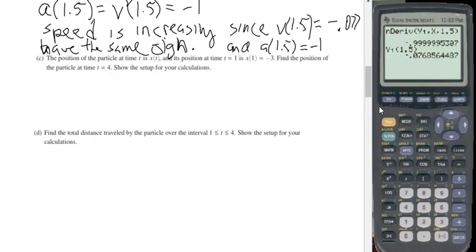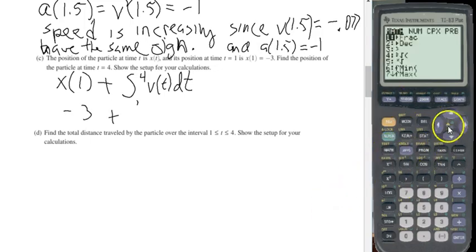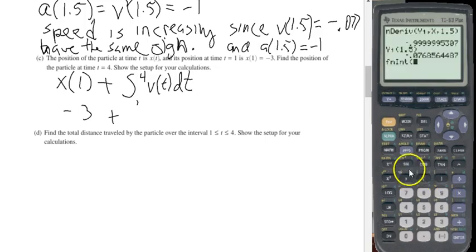So this is wanting to know the final position of the particle. So all we need is the initial position plus the change in position. So the initial position is given by x of 1. The change in position is the definite integral from 1 to 4 of v of t dt. So x of 1 is negative 3. And then on the calculator, we can hit math. Choice number 9 is the numerical integral.